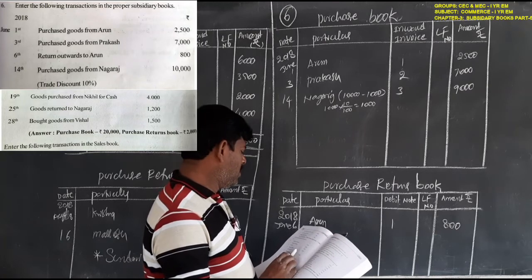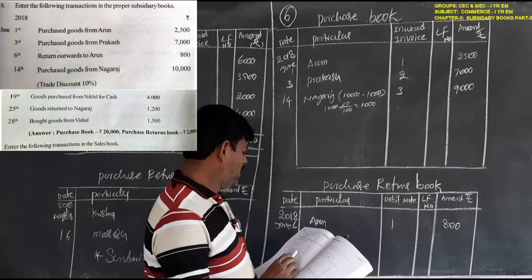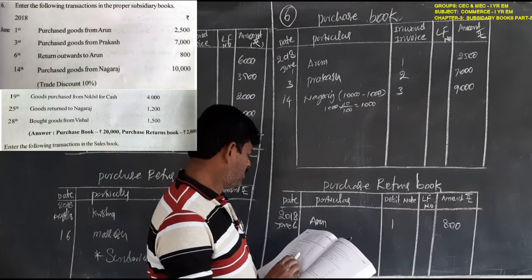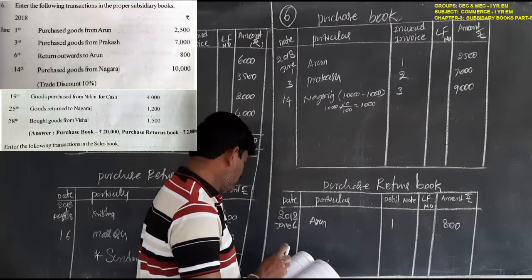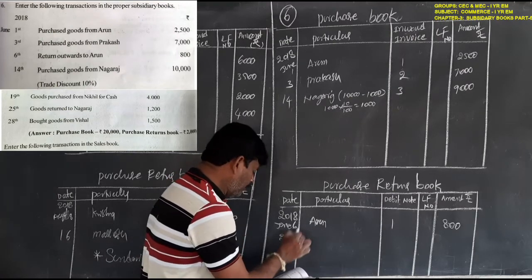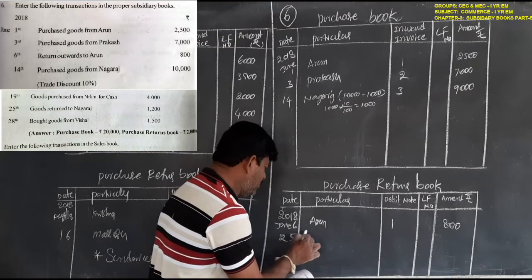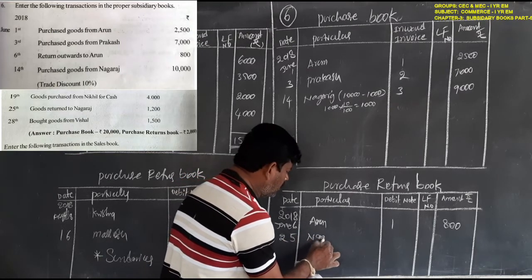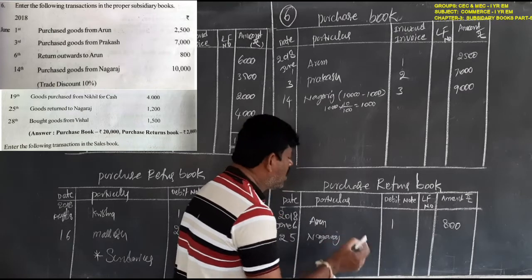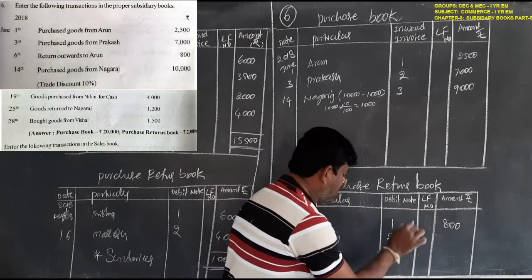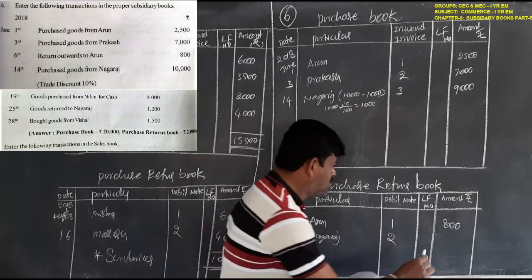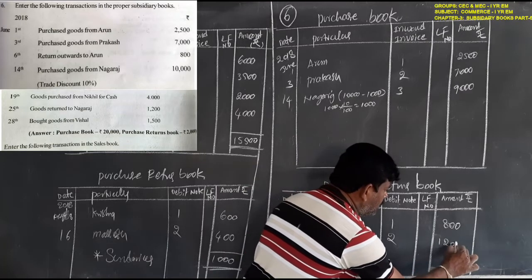Next, 19th, it will not come under the purchase book. Why? Because it is a purchase on cash basis. 25th, goods returned to Nagaraju. So 25th, Nagaraju, second debit note, amount is 1200 rupees.